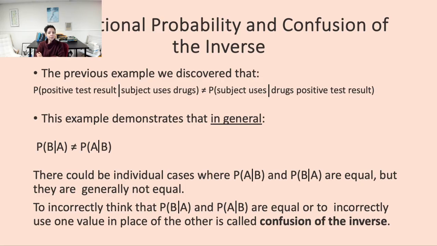So that example really demonstrates that in general, the probability of B happening when A's already happened does not equal the probability of A happening assuming B already happened. Now there could be individual cases where those two are the same, but in general they will not be equal. And if you incorrectly think that they are equal, then you are displaying something called confusion of the inverse.